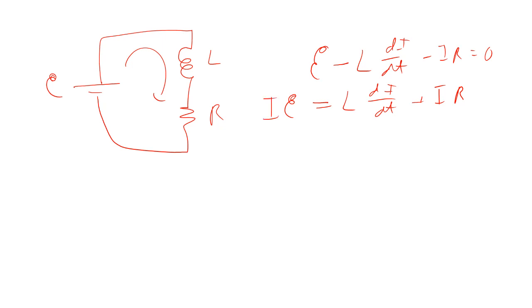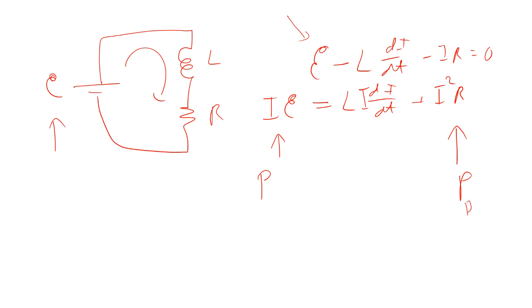So multiply both sides of the equation by I. So this is I squared R right there. And so obviously what we have here is this I times V, and this is our V right there. So the EMF is the V. That's power. So this is the power dissipated in the resistor.